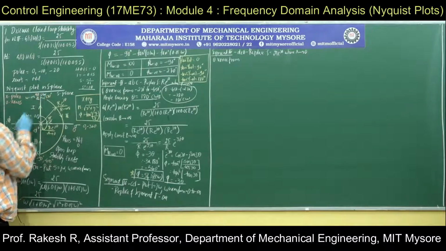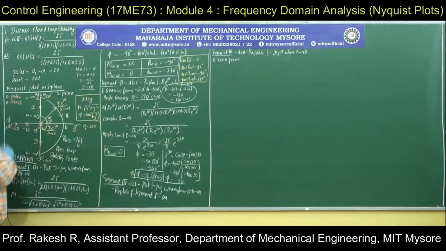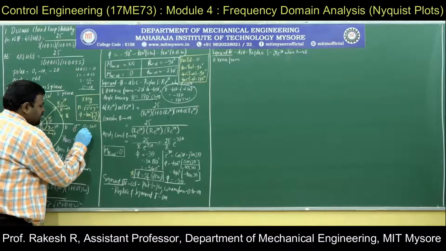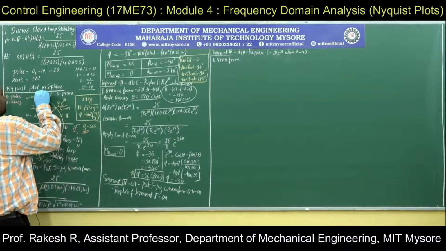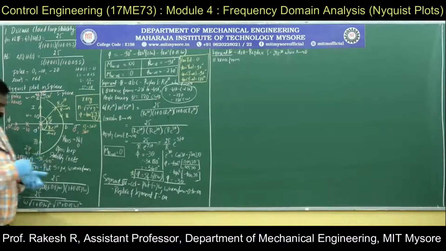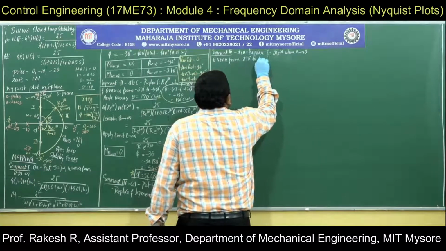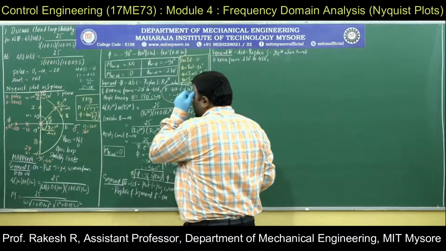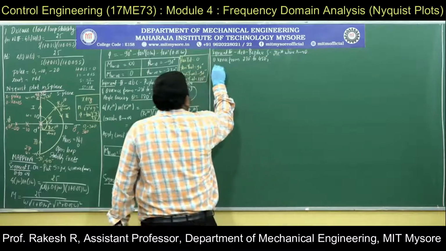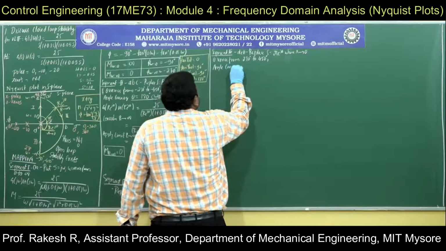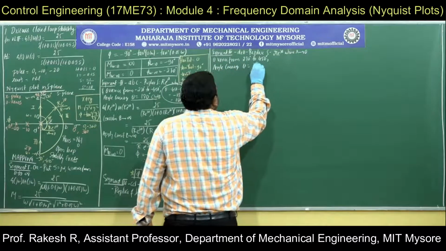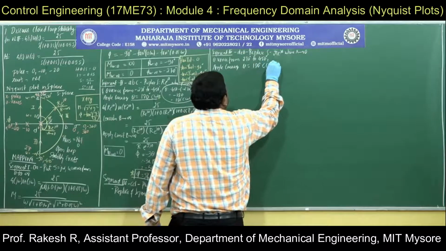So 0, this is 90, this is 180, this is 270, 360, 450. So theta varies from 270 degrees to 450 degrees, and the angle coverage, very important data, theta is equal to 180 degrees counterclockwise.